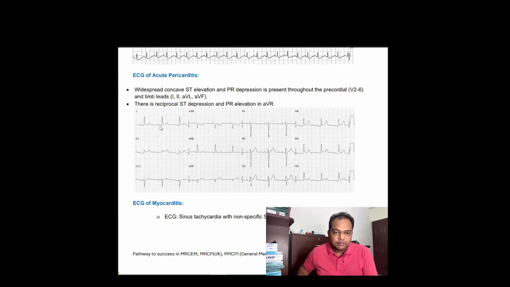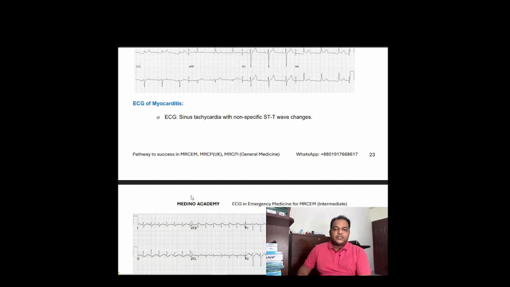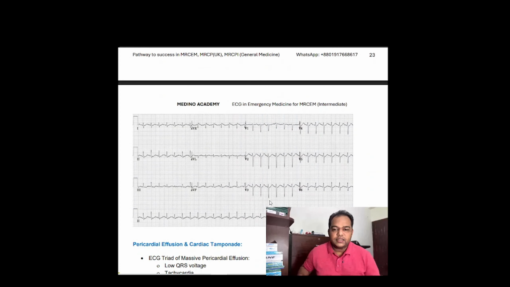You can appreciate PR segment depression here, and there is also widespread concave ST elevation. This is concavity upward. So, concave ST elevation.